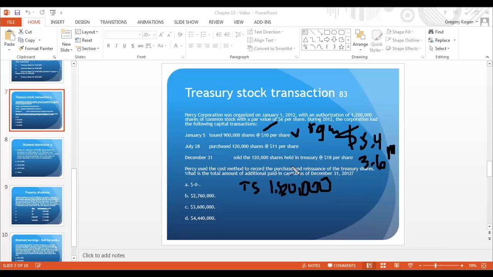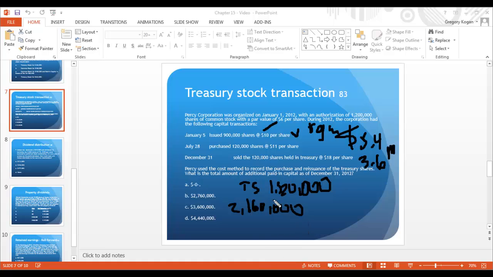And then when we sell 120,000 shares of this treasury stock, what happens is that we get cash. How much? 120 times 18, of course. So we get 2,160,000, right? And that's how much we're getting. And how much treasury stock do we get rid of?